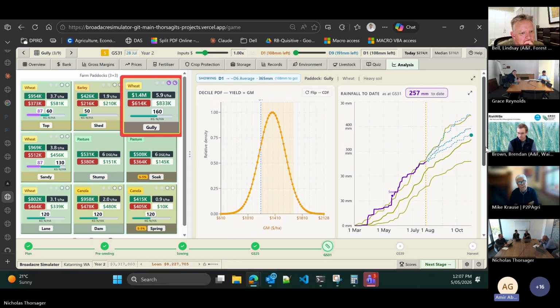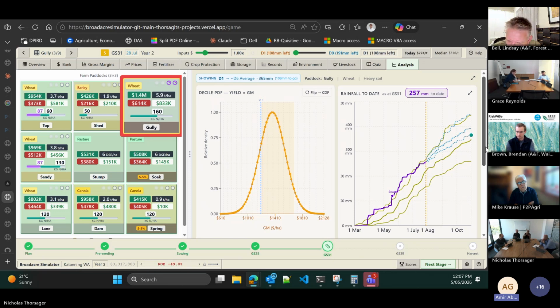And so the gross margin at the bottom will show them that they can either lose a lot of money or make a little bit of money, depending on how the weather will turn out after the growth stage 25, after the purple line and blue line pan out to the end of the season.